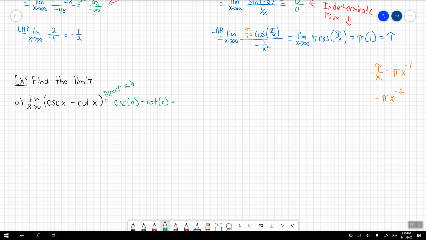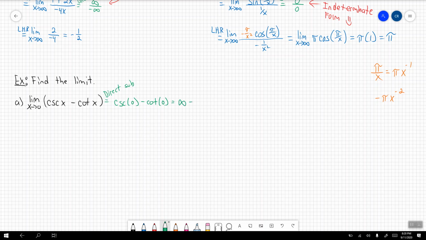Now, cosecant at 0, well, cosecant is 1 over sine, and 1 over sine at 0 is going to be 1 over 0. And if your denominator is approaching 0, then that overall fraction will tend to infinity.